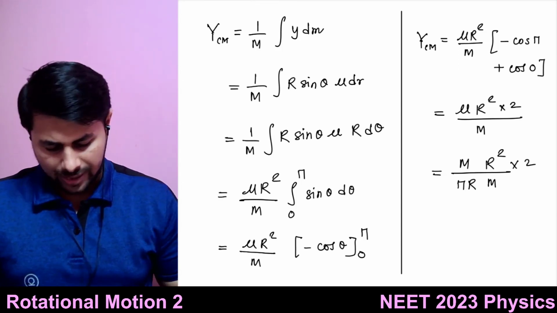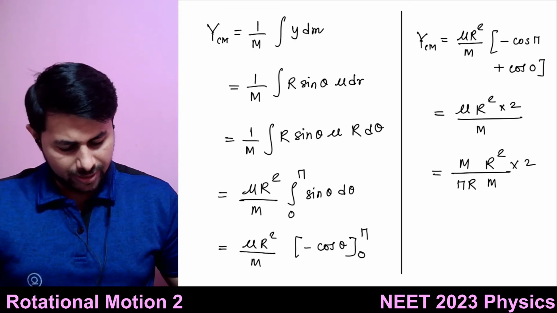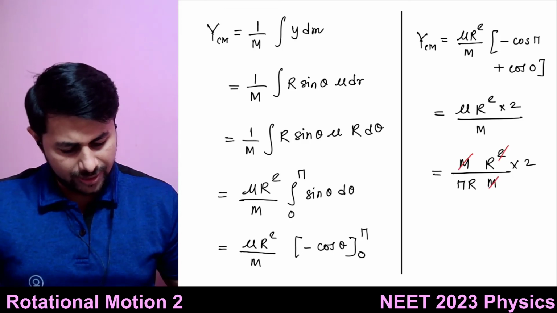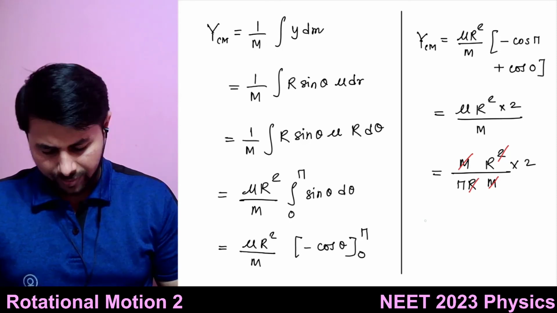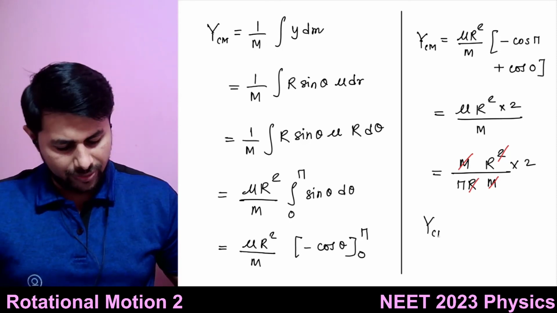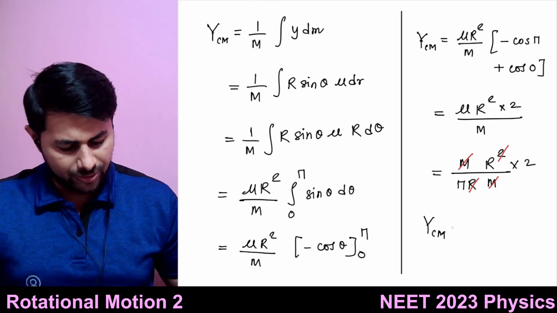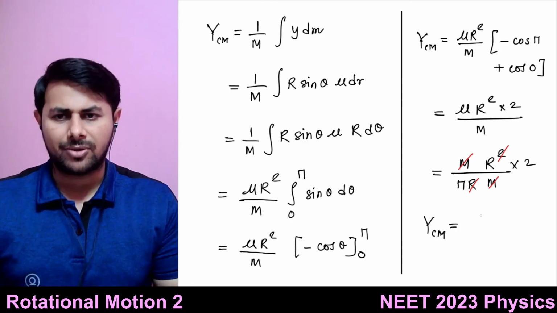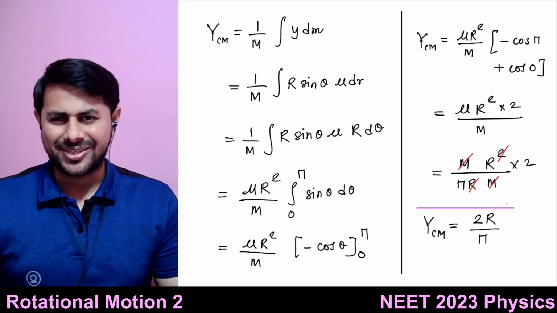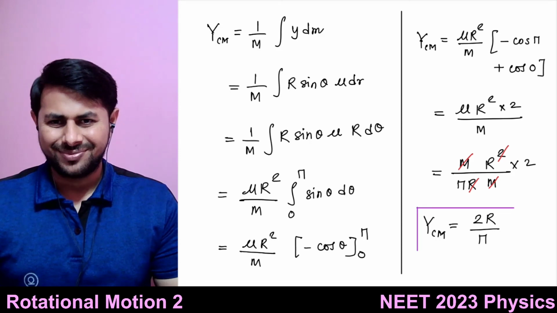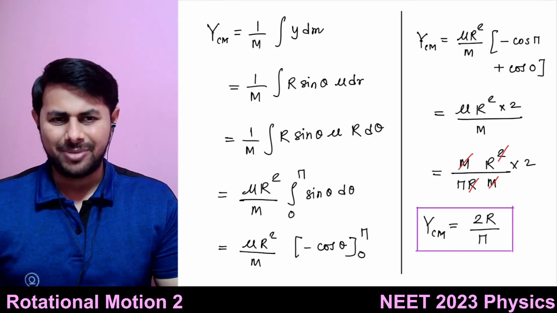What is left is that the y coordinate of the center of mass is equal to twice r divided by pi. So this is the y coordinate of the center of mass of a semicircular ring. Let it appear on your screen and tell me if you have a question.